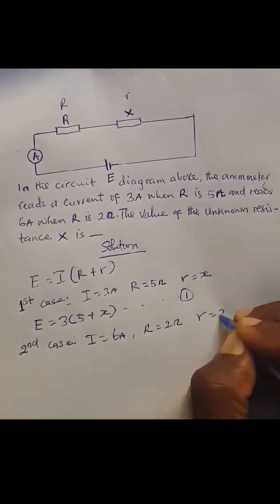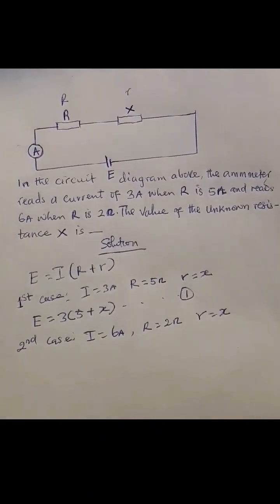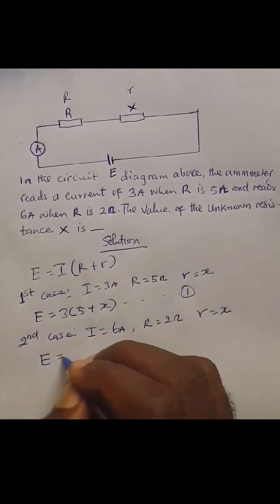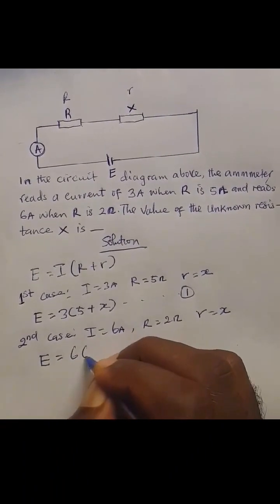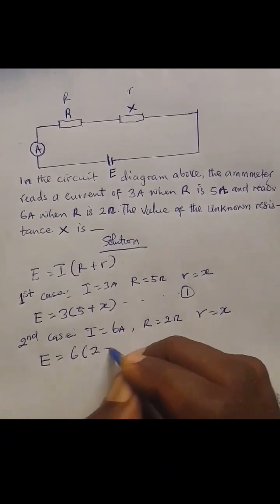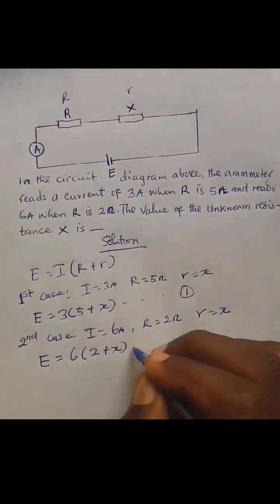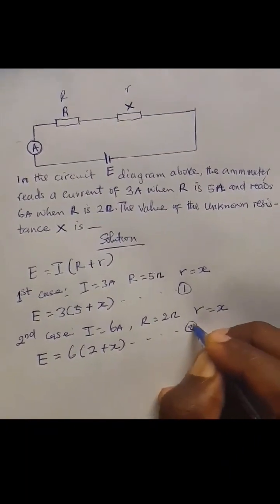Remember, small r is still equal to X. So we substitute into this very equation. Our E will be equal to 6 into 2 plus X, close our bracket. So we can say this is our equation 2.